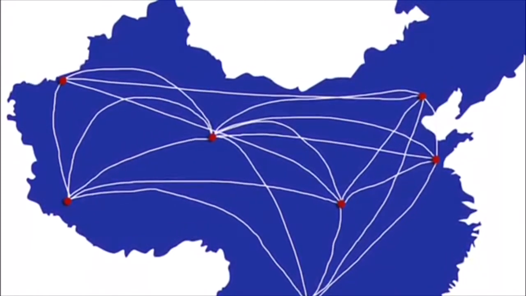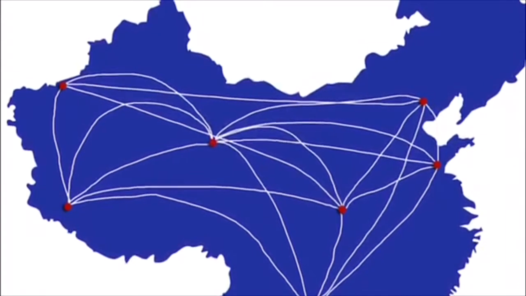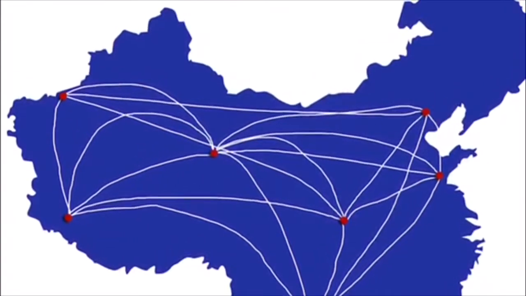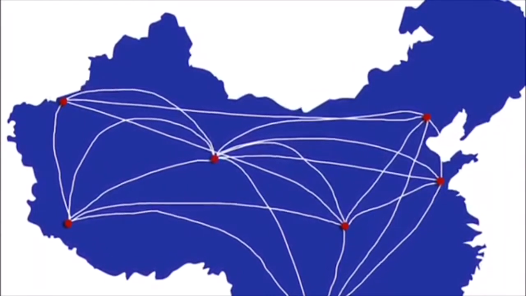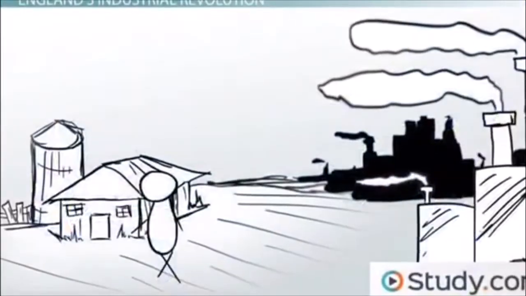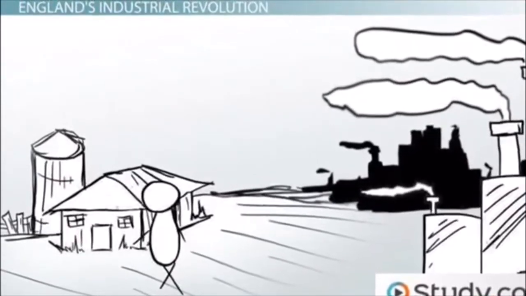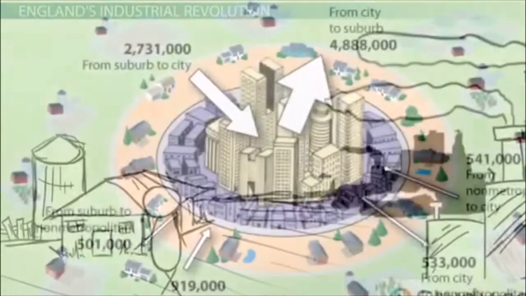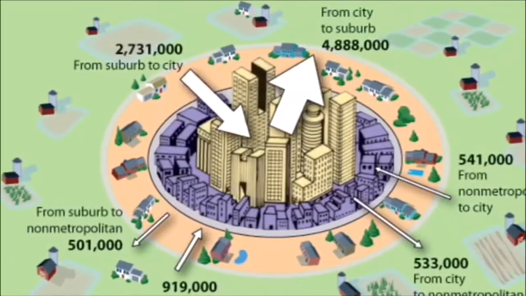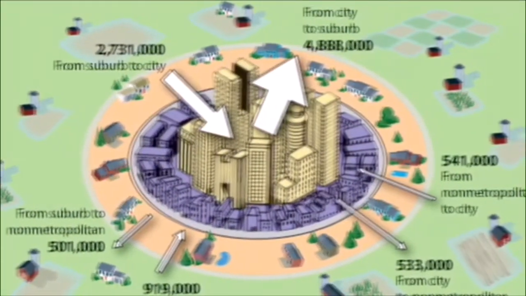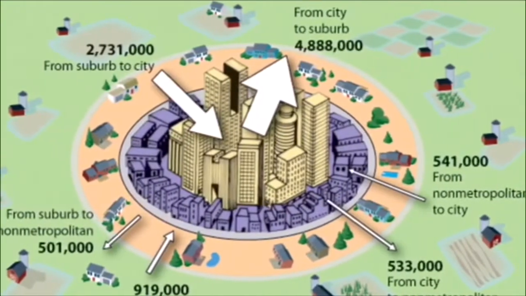Interregional migration is movement from one region to another, while intra-regional migration is movement within one region. For interregional migration, most of the migration is from agricultural areas to urban areas. For intra-regional migration, most of the migration is from older cities to newer suburbs.